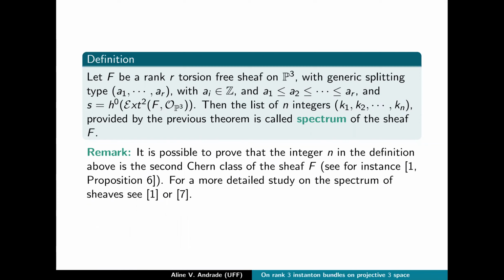The spectrum, these integers, have very good properties, and they help us to count the number of components in the moduli space, and to determine if a family of bundles is in one or more than one component.